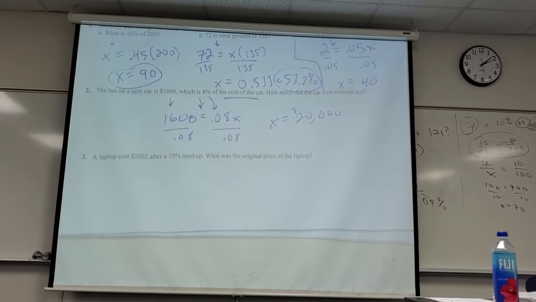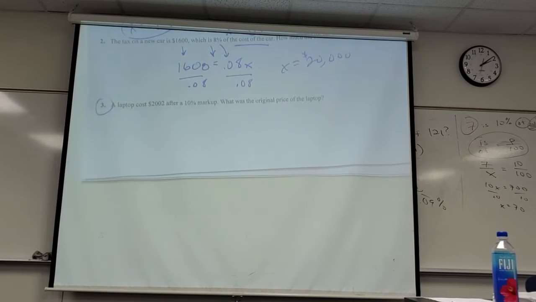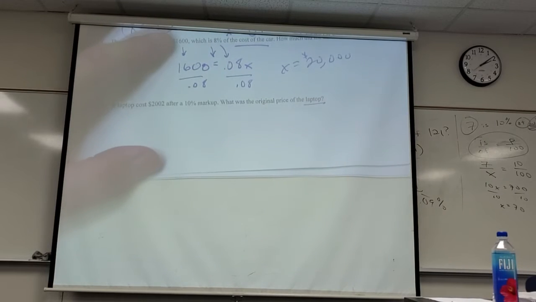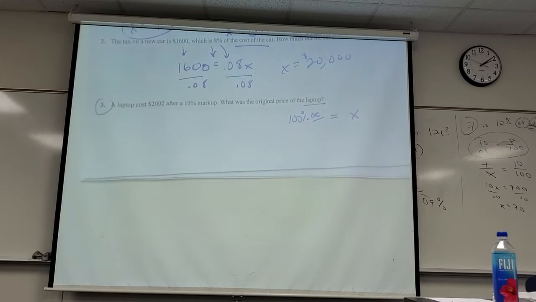This one's interesting. All right, I really want this to make sense. The original cost of the laptop. All right, I'm going to say something kind of weird. The original cost of the laptop is 100% of the original cost, of course, right? 100% of the original cost, OC, is the original cost of the laptop.